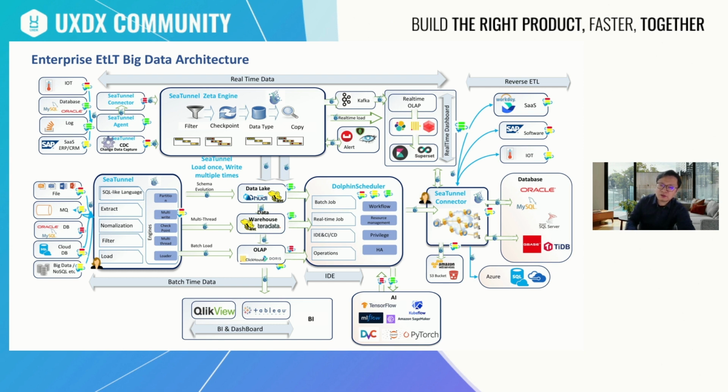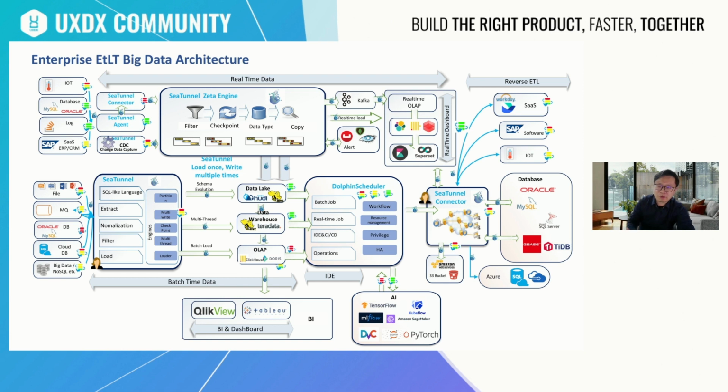And also, if you want to do some data analysis, to write some SQL, to handle the whole workflow orchestration, you can use Apache DolphinScheduler. And you can just drag and drop to create the ETL jobs or your Hadoop jobs or your Flink jobs.